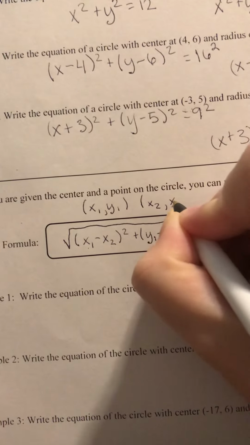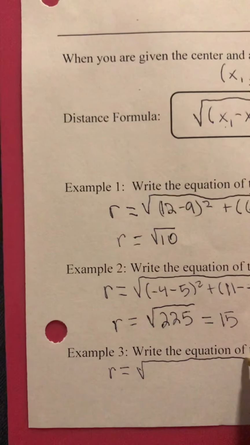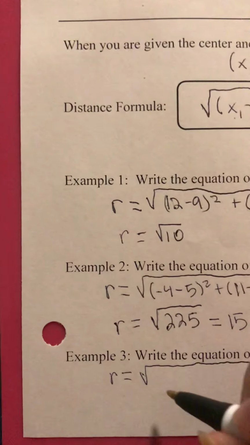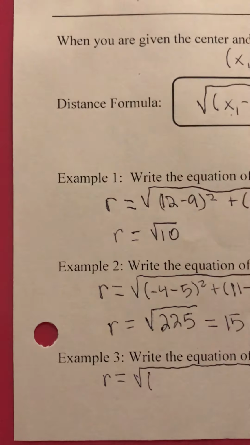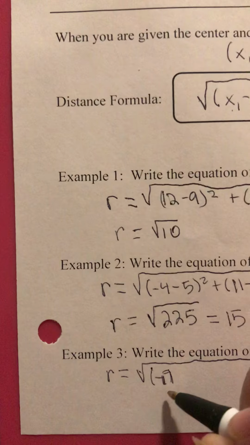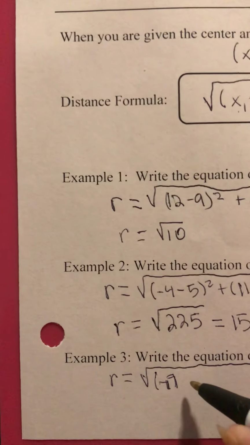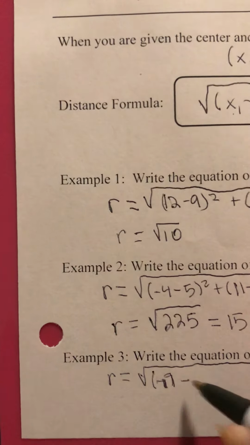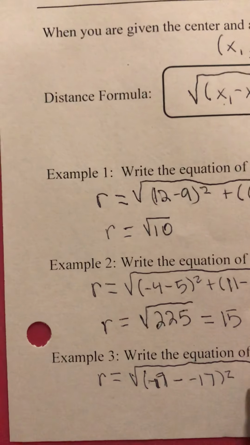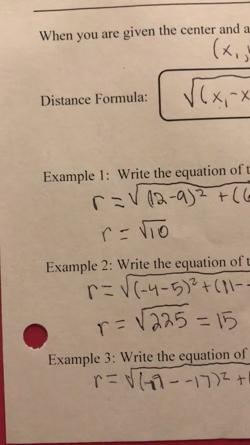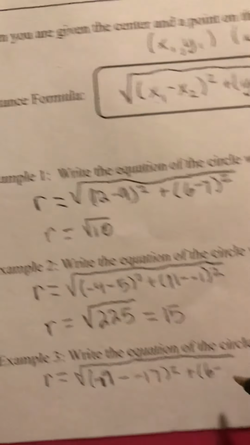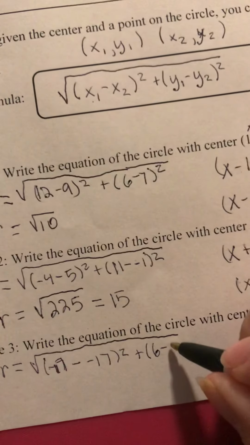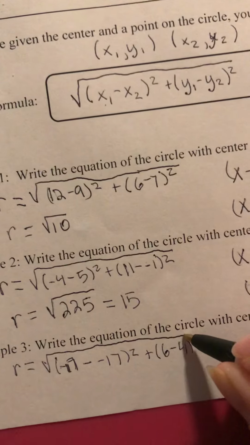So I'm going to have r equals the square root of -17 minus x2 was -17 squared plus y1 is 6 minus y2 was 4 squared.